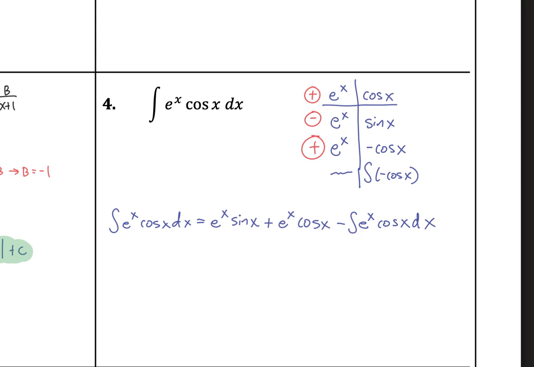Okay, yeah, so this makes sense. And now notice here we have something and then minus the same thing, so we can add this to both sides. Okay, and those cancel. And on the left-hand side, we get 2.